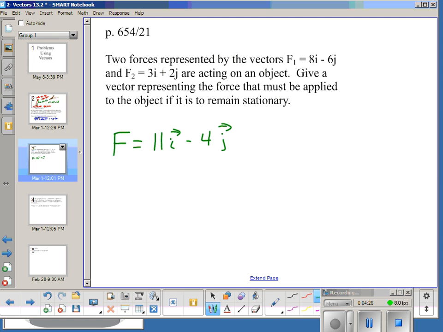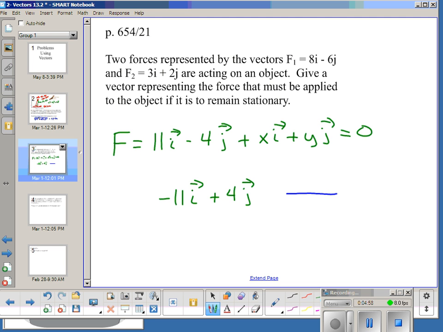And if I want my object to remain stationary, I have to directly counteract that. So I want some x component and some y component that would make 0, and they just need to be the opposite. So I want negative 11i and 4 in the j direction, and that vector will have the same magnitude but be pointing in exactly the opposite direction.